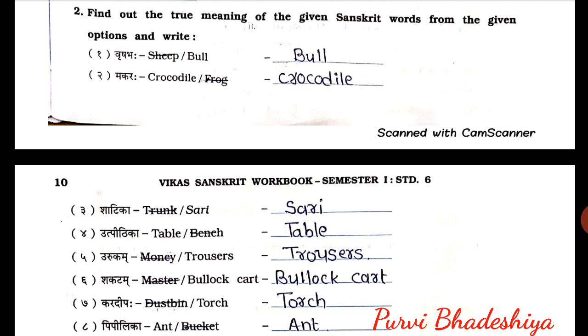So two options are given, sheep or bull. So the correct answer is B-U-L-L, bull. Second one, Makarah. So two options are given, crocodile and frog. So the correct answer is crocodile.